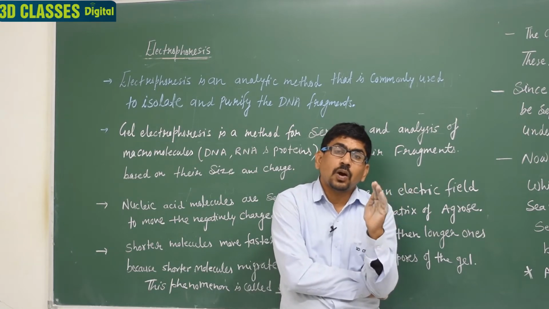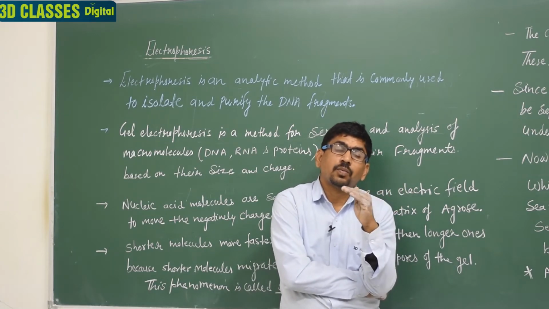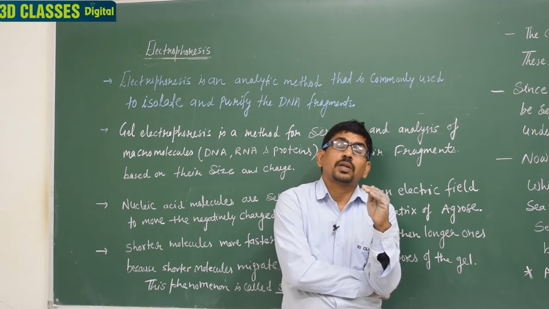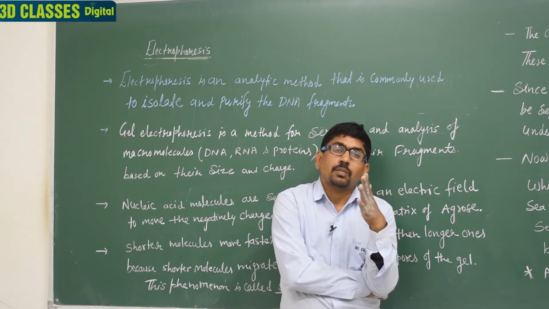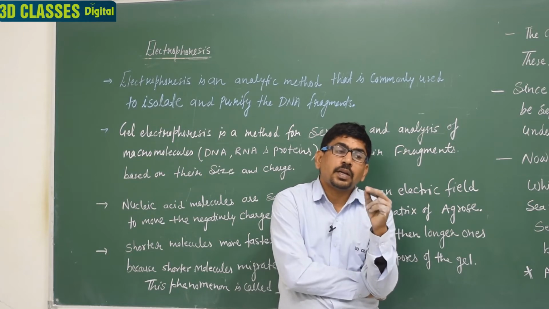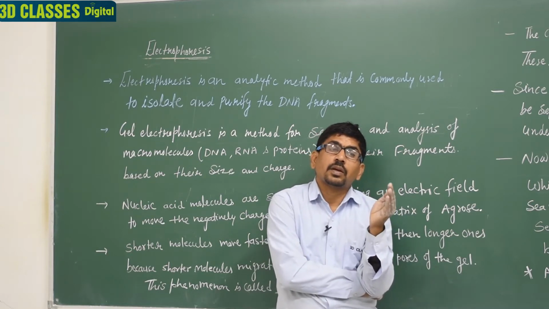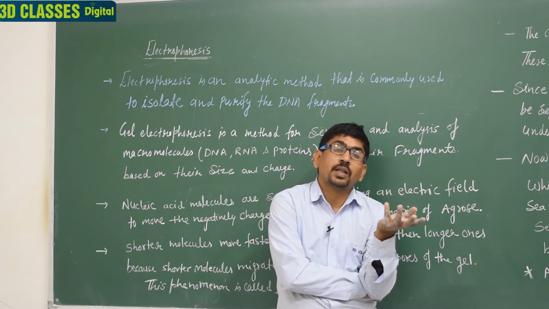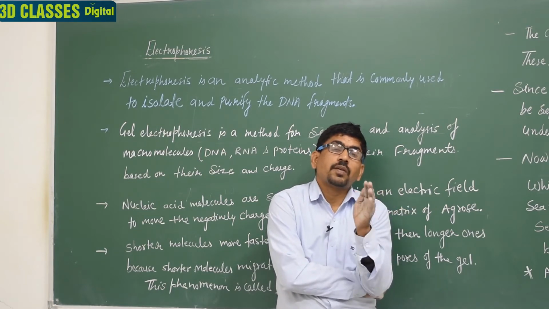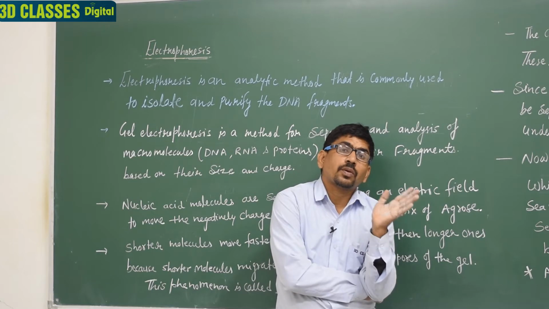Clear? So how is it possible? The movement of the DNA on the gel. Same thing here, because after the RE enzyme is used, different DNA fragments are formed. Each fragment has a different length, so each fragment has a different number of phosphate groups.